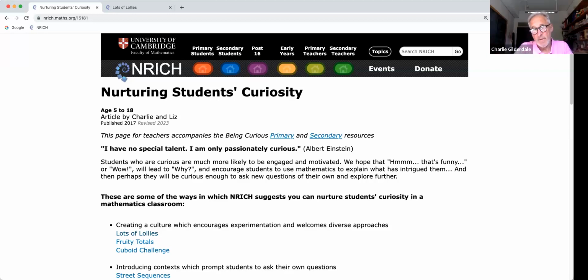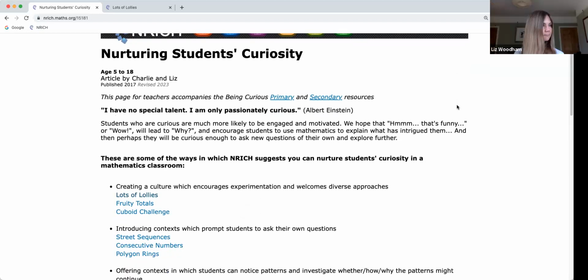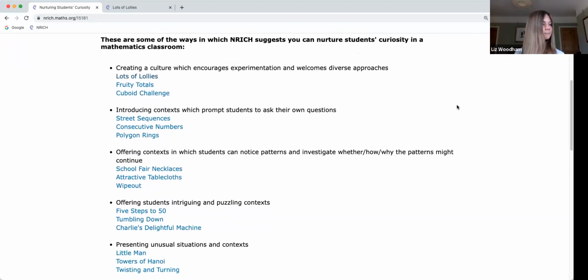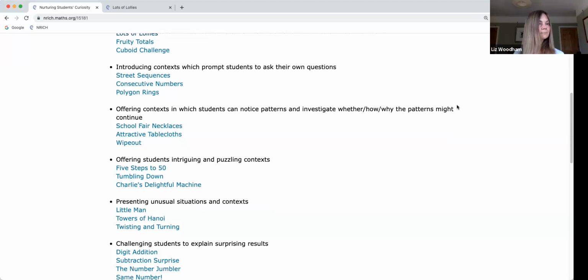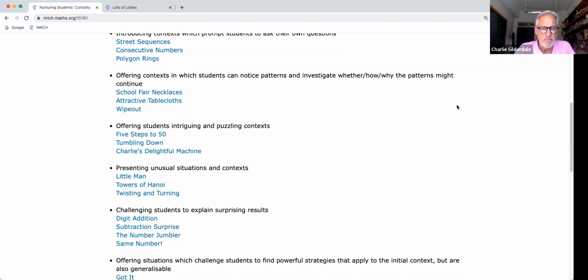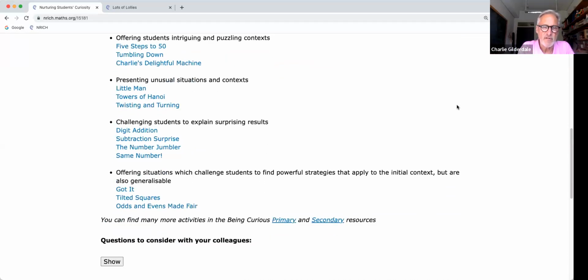Well, since you're sharing your screen, I think we might as well ask you to scroll down a little bit down that page. And now at the bottom there, you'll see that there's a link to a problem called the number jumbler.